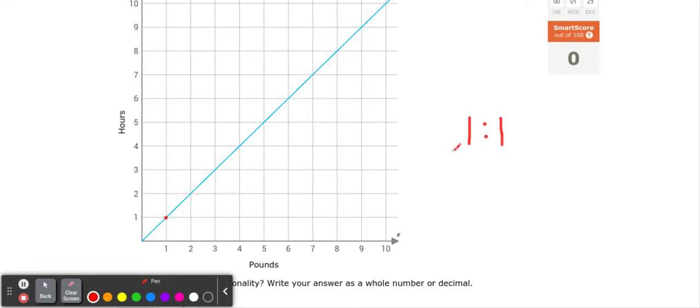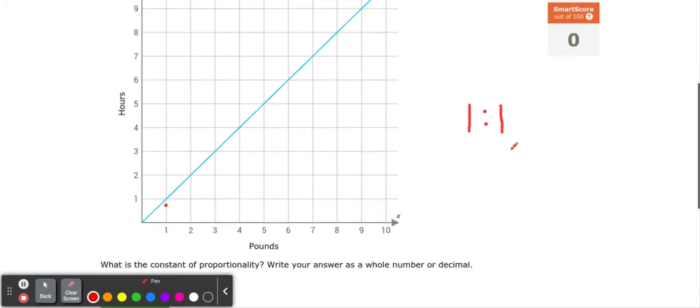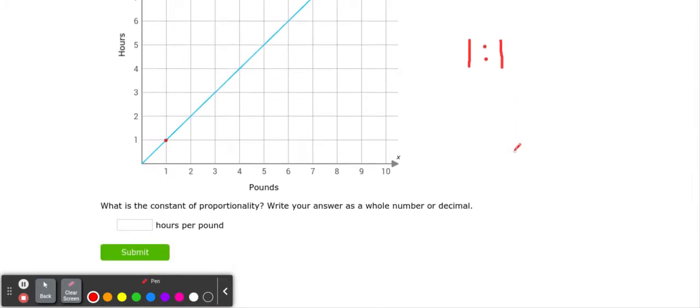I just like to write it as a ratio so I have a little more of a visualizer, but this is not really necessary. Once you have your constant ratio, which is 1 to 1, the constant of proportionality would be 1 over 1.